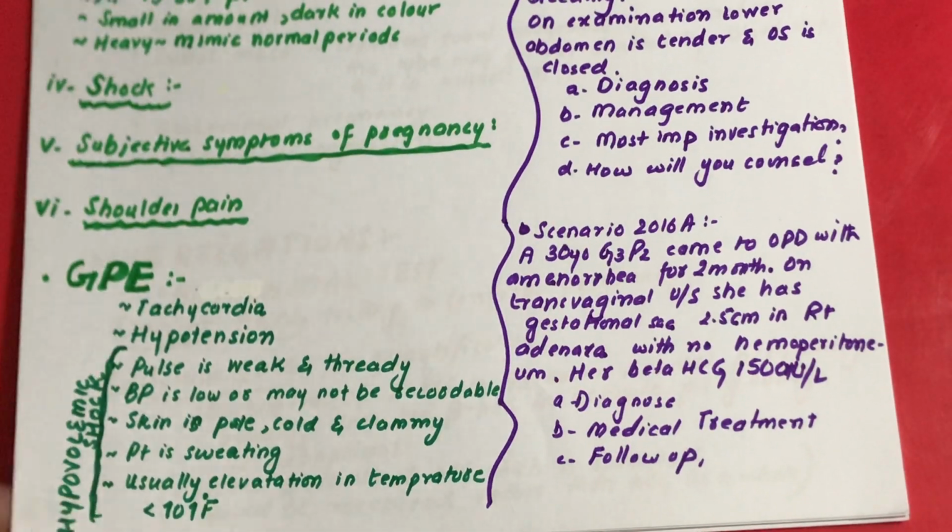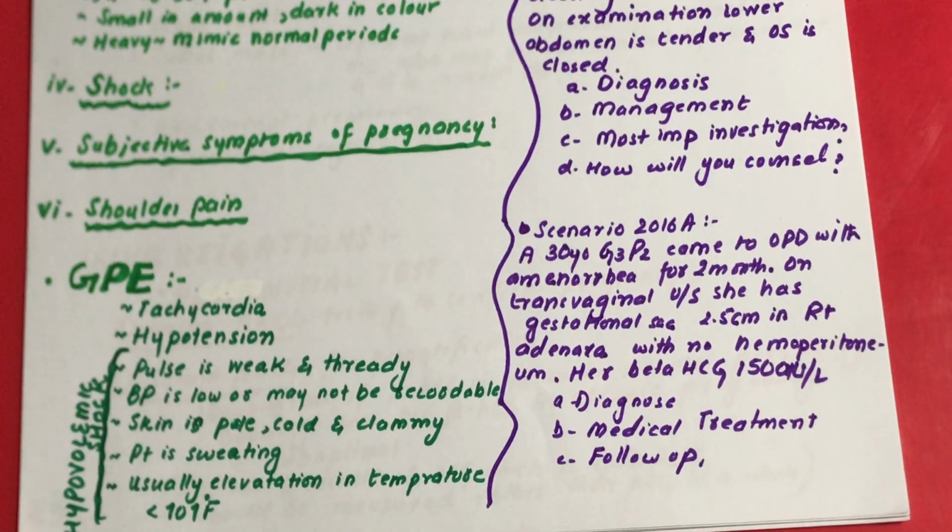Then a scenario asked in 2016 which says that a woman is gravida 3. When only para is given, she is not pregnant. But when gravida is given, G3, gravida means a gravid uterus, so gravida 3 is a pregnant lady, para 2, so she already has two true pregnancies, and came to the OPD with amenorrhea.